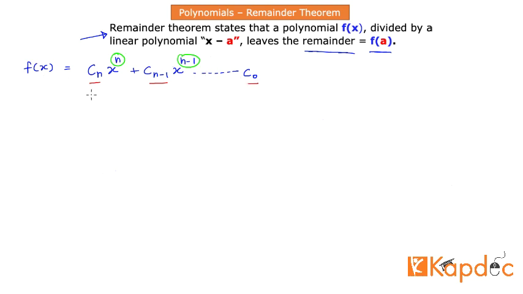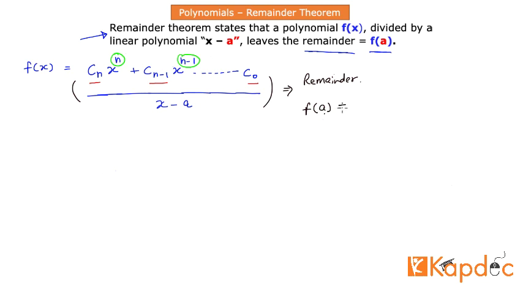Now when you divide this entire polynomial by a binomial, which is x minus a, the division will yield a remainder, and the value of that remainder can be found by substituting x equal to a in that polynomial, simply by substituting a in place of x.